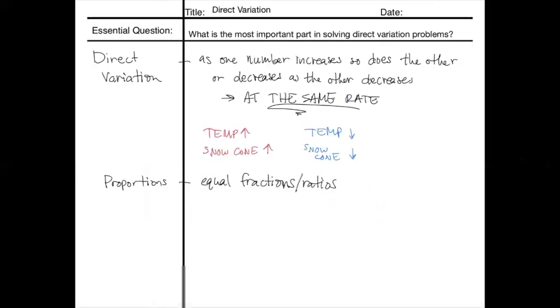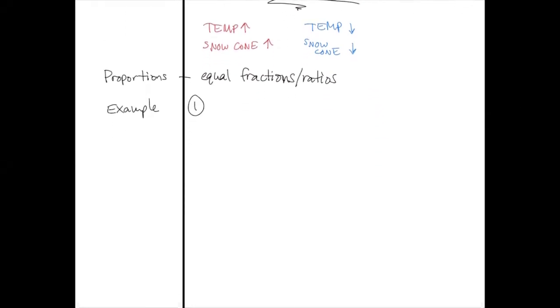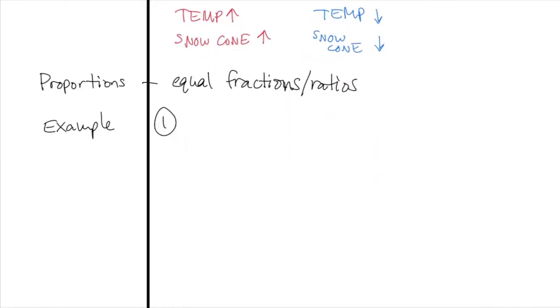All right, so we have those written down. Let's look at an example here. Example number one. Go ahead and write this down with me. If X and Y are in direct proportion, so meaning as one goes up, the other goes up at the same rate, or as one goes down, the other goes down at the same rate.